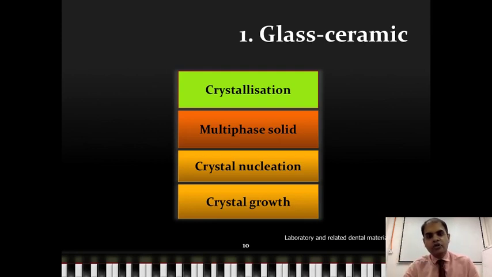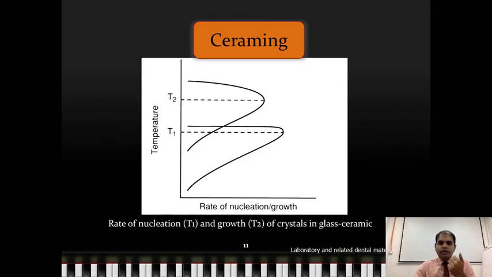So the second phase is called crystal growth. The crystallization of glass ceramic has two phases: T1 is the nucleation and T2 is the optimal growth of each crystal, called the growth, T2 factor.